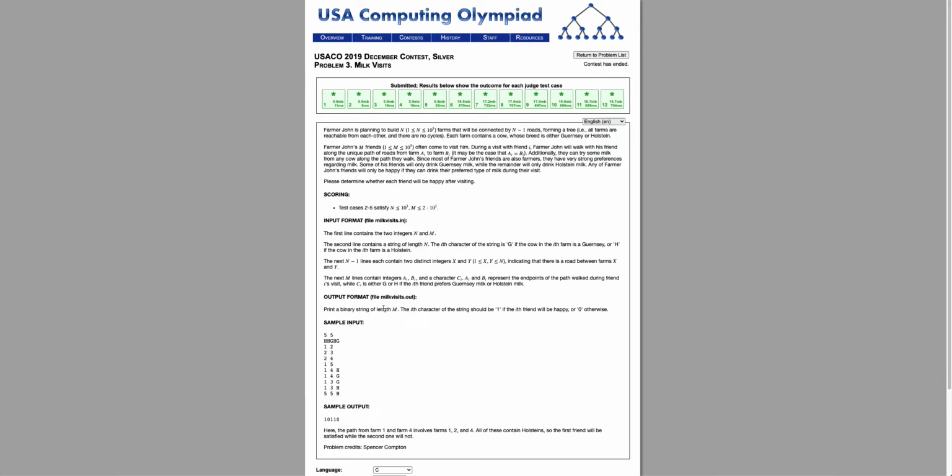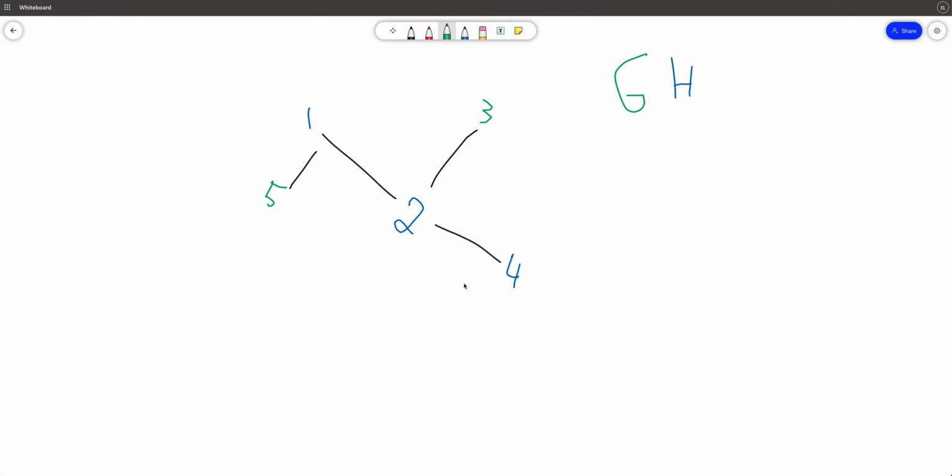So we can try a few of these queries and see what happens. Can we go from 1 to 4 and visit an H? The shortest path would be 1, 2, 4, and all of these are H's, so of course we can visit an H. But if we go from 1 to 4 and try to visit a G, there won't be any G cows.